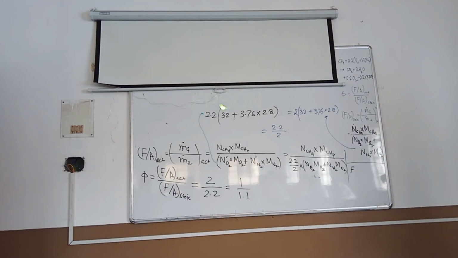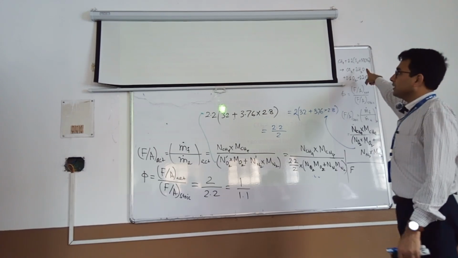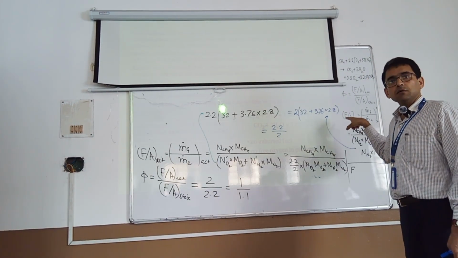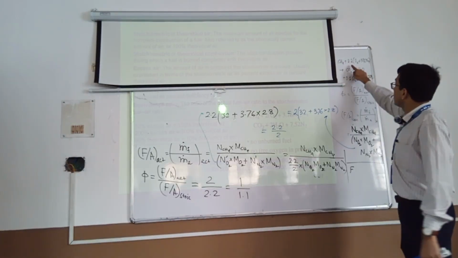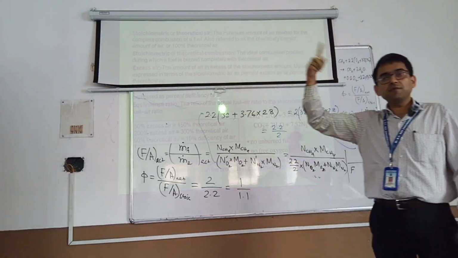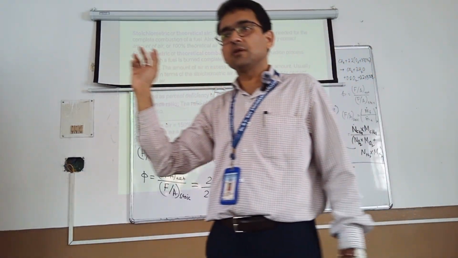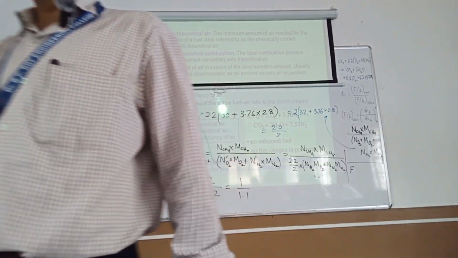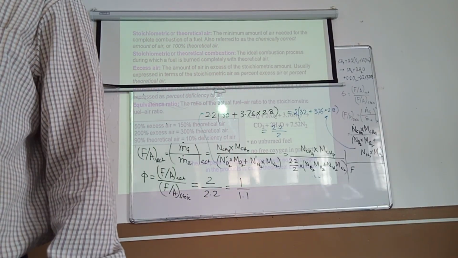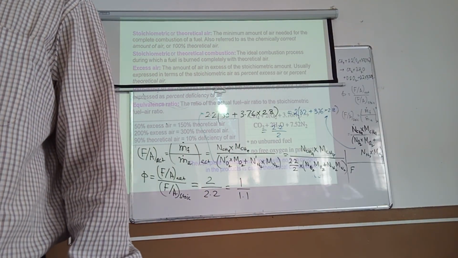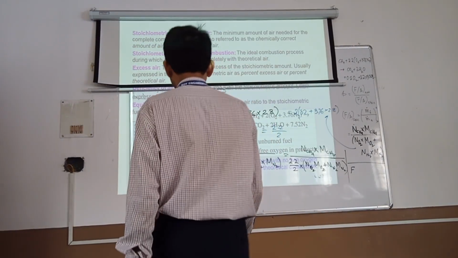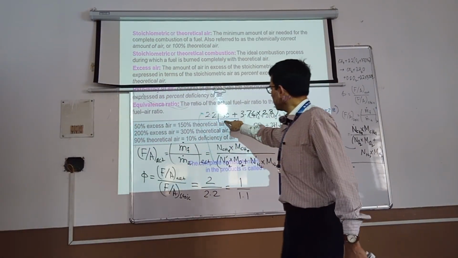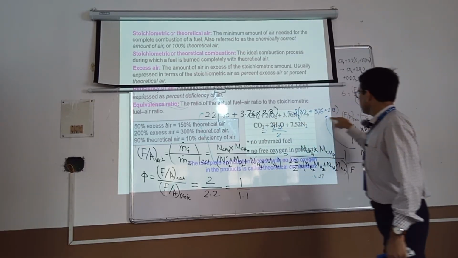Clear? So from the coefficients you can directly get the equivalence ratio. Clear? So instead of 2.2, if I would have given you 1.8. So in the actual it will be 2 times 32 plus, that part will cancel.